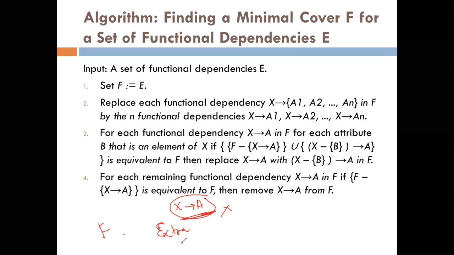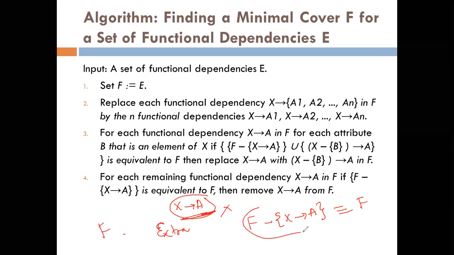So if removing this X determining A, it is equivalent to F, and how to determine whether it is equivalent to F? So that is like this. We have to verify F minus X yielding A if it is equivalent to F. So how to determine?